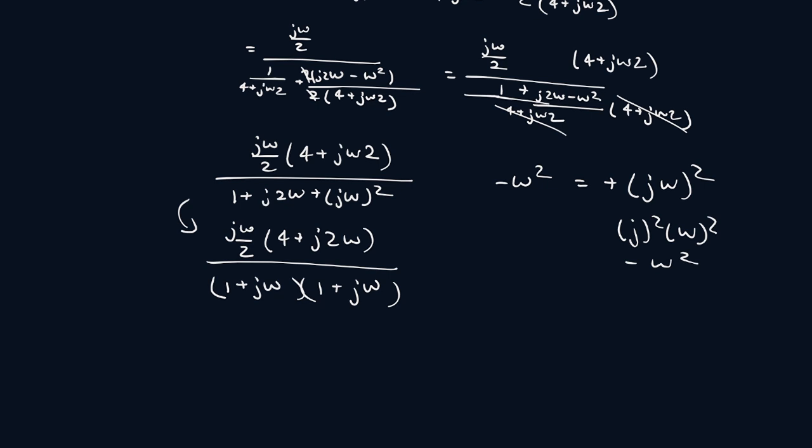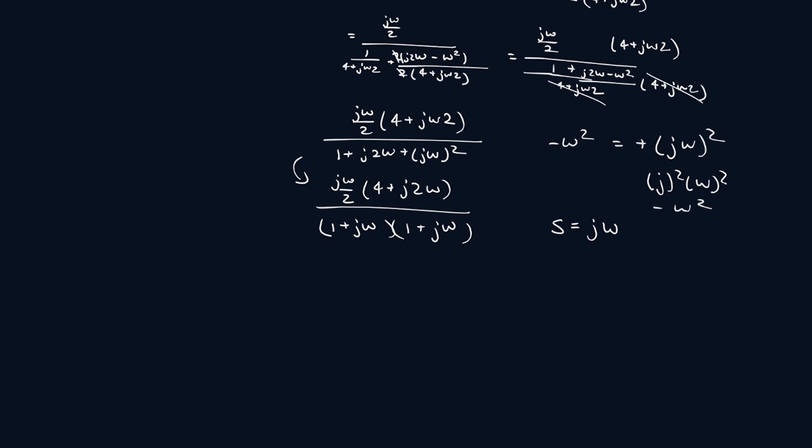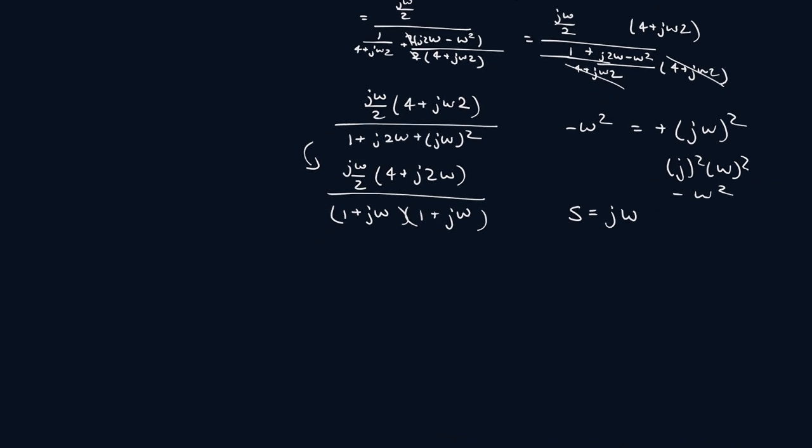Okay, so pretty much now we're going to let S be equal to JW. So we're going to have the following: S over 2 times 4 plus 2S all over 1 plus S times 1 plus S.